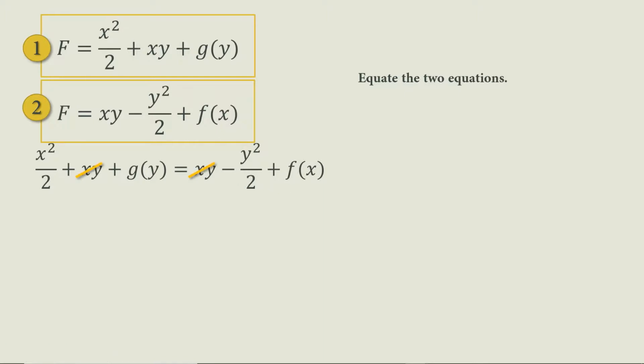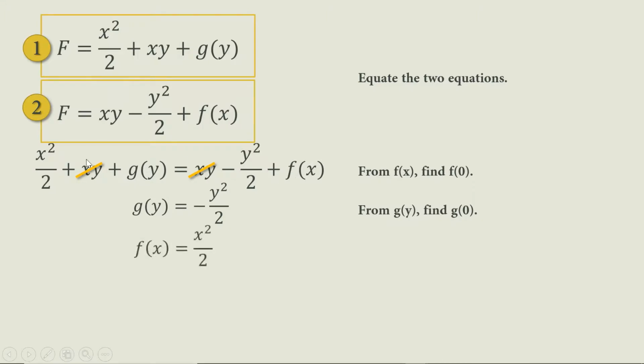And then canceling the like terms. Then from f of x, we have to find f of 0. So gy now is equal to negative y squared over 2. And from gy, we have to find g of 0 from this equation also.